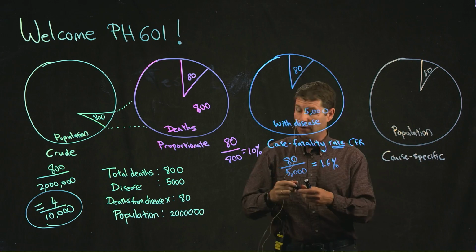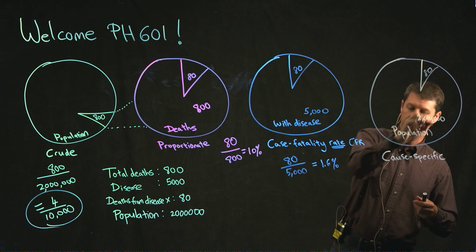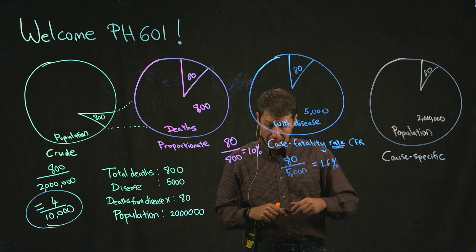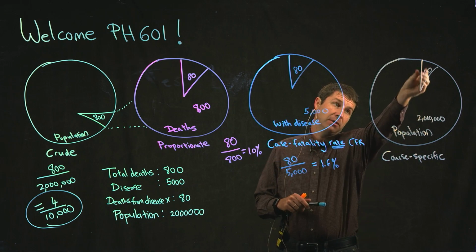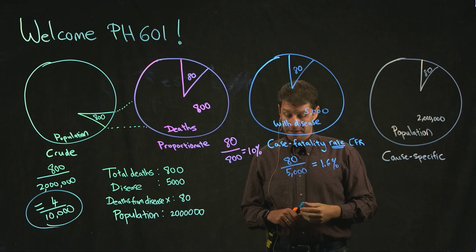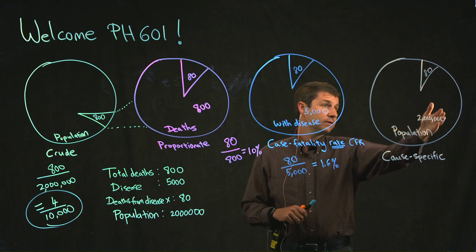But now we're interested in that underlying population as our denominator, right? So that's our 2 million. And so what you see is that really this should be a much smaller wedge, actually, because the impact of this particular disease in this population is quite small. I'm not going to go ahead and calculate it. Well, actually, I could.